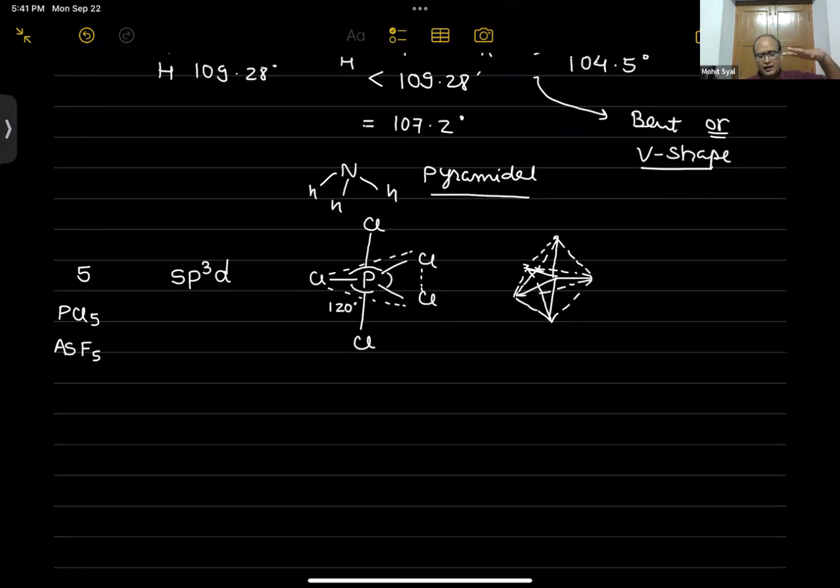You have a triangular base and one atom at the top. If you connect the top atom to the corner atoms of the triangular base, you get a pyramid at the top, and a pyramid at the bottom. So there are two pyramids, and the base of those two pyramids has three atoms. So it is a trigonal bipyramid.